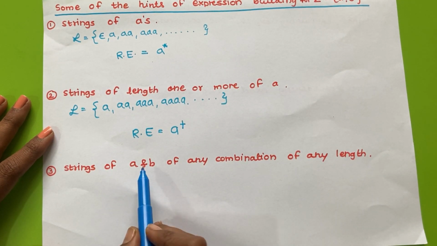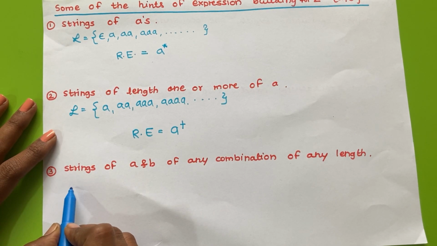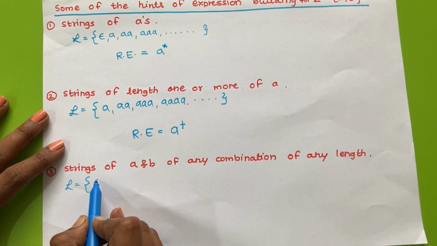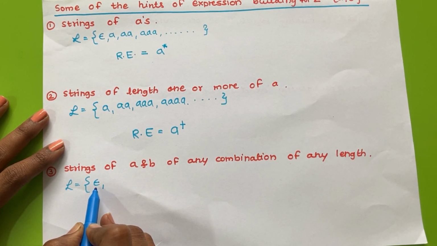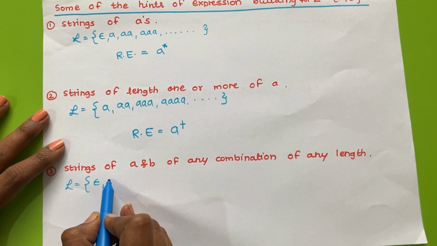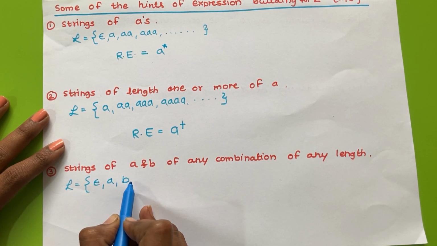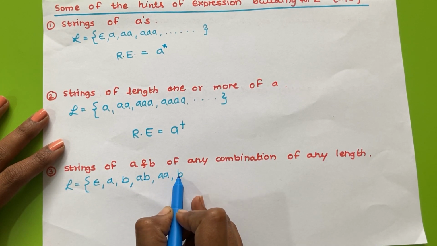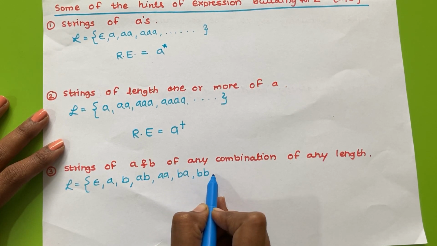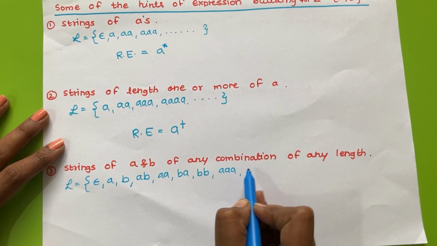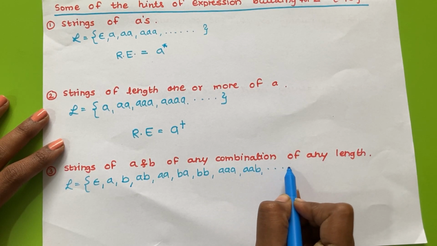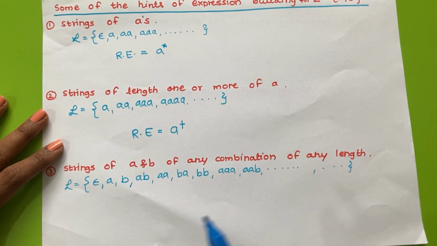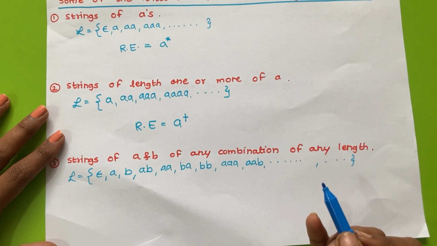We should start with the smallest string, that will be empty, meaning here we have a as well as b for 0 times, then we can have a, then single b, then ab, then aa, then ba, then bb, then all 3 length combinations, then 4 length combinations of a and b, then 5 length combinations of a and b, and it will go on repeating up to infinity.